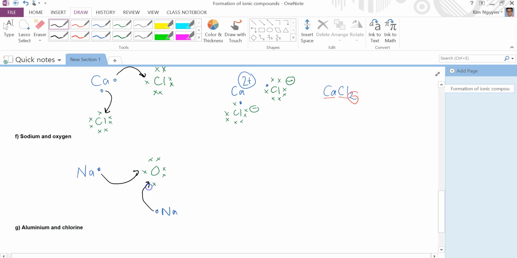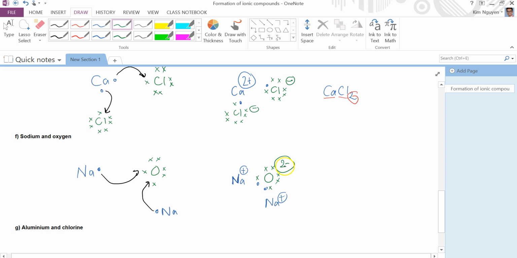This transfers its electron, and we get a sodium ion, 2 sodium ions, and an oxygen 2 minus anion.